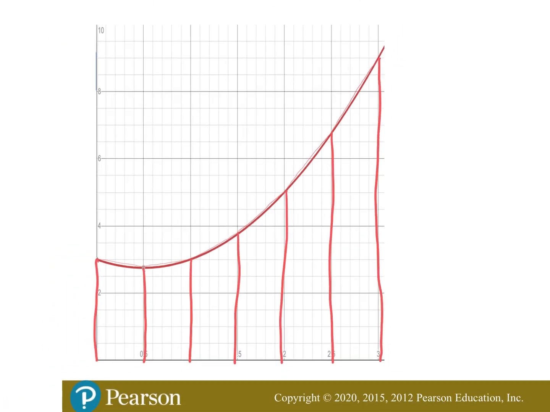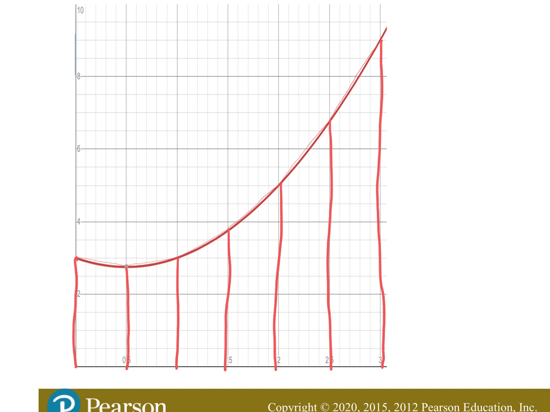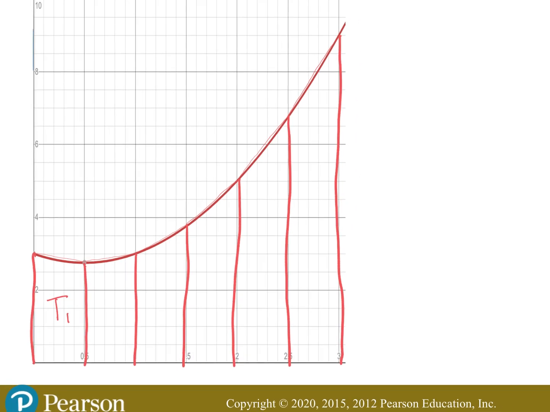Okay, let's find our T1, T2, T3, T4, T5, T6. So here's T1. What is its base? Okay, so I'm going to do trap over here. Its base is 0.5. And what are the 2 heights on either side according to the table? 3 and 2.75.